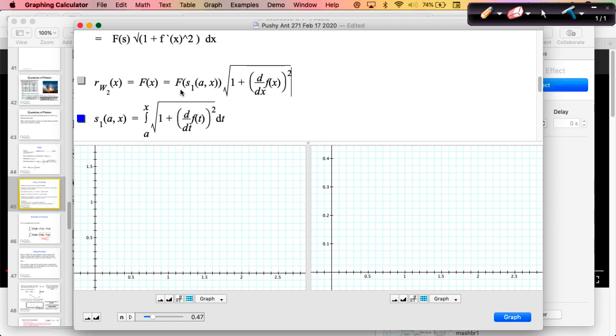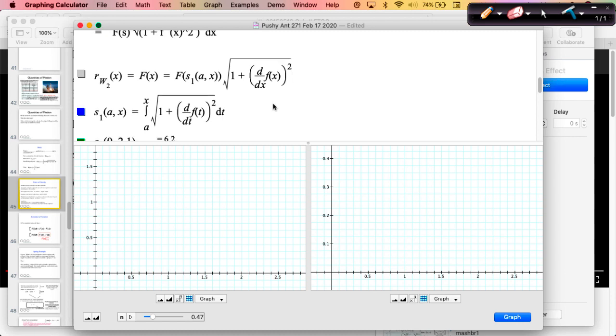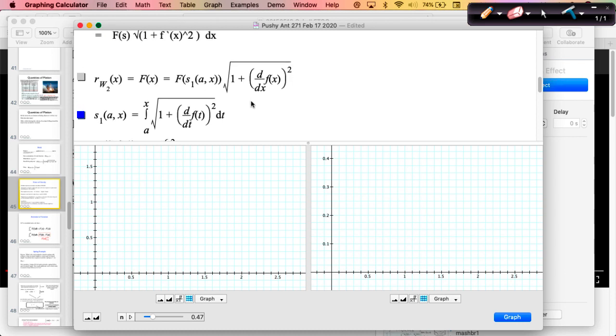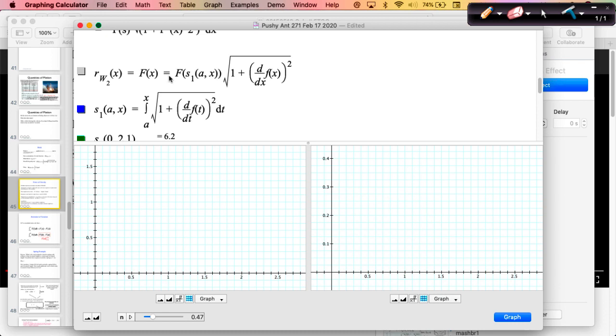So there's force along the path, but in terms of x, and then times our thing that transforms us from ds to dx, right? To give us the x position. So then I'll get rid of this part. So now we got it. So there's the rate function.